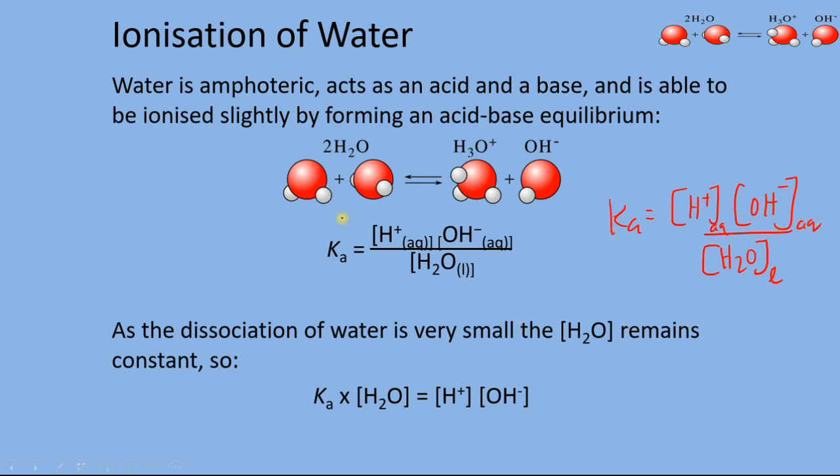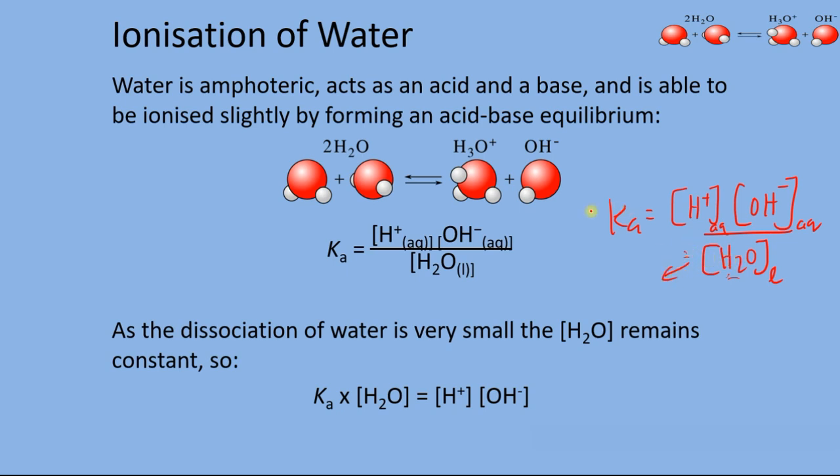Now we know the Ka, the water concentration is pretty much the same, and here we are looking at just water on its own, right? So whatever water is left, that concentration is constant, 55.5, something like that. So this is going to be a constant number.